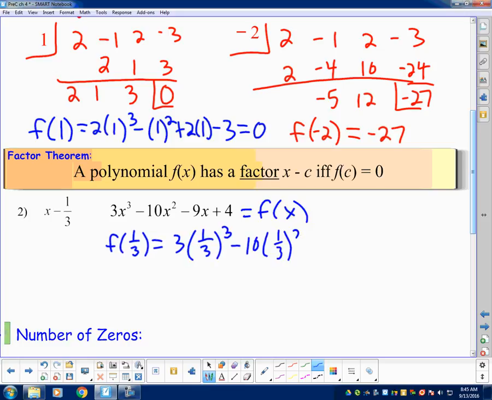times 1/3 squared minus 9 times 1/3 plus 4. So 1/27 times 3, I get 1/9 is what I got. Minus, this is 1/9 times 10, so 10/9. That's minus 3 plus 4.